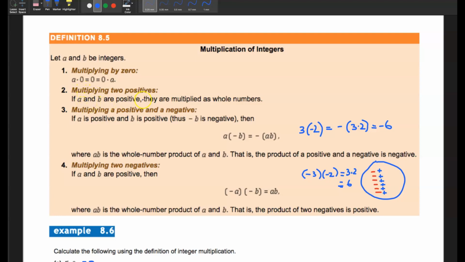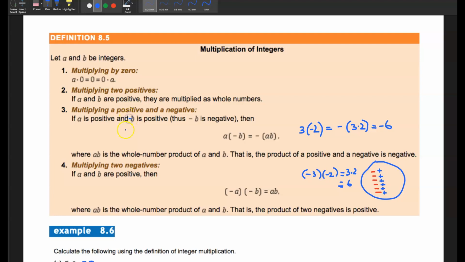Multiplying two positive integers, right? If a and b are positive, they are multiplied as whole numbers. You just multiply them. If a is positive and b is positive, then we know negative b, or the opposite of b, is negative. Oh, sorry, is there a typo here?